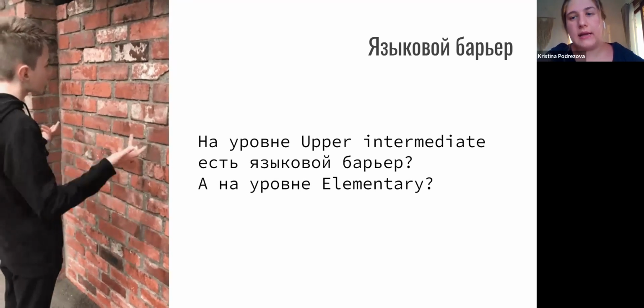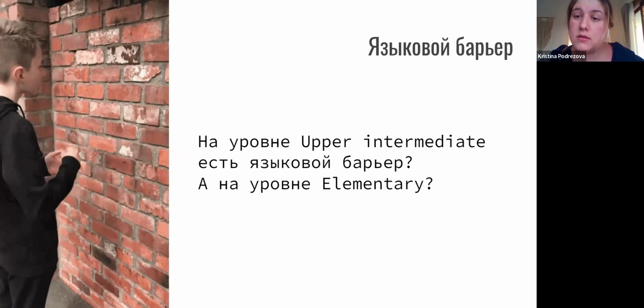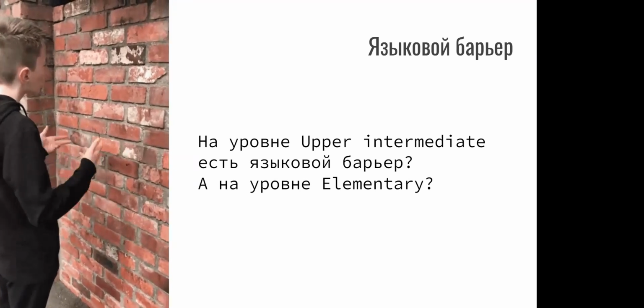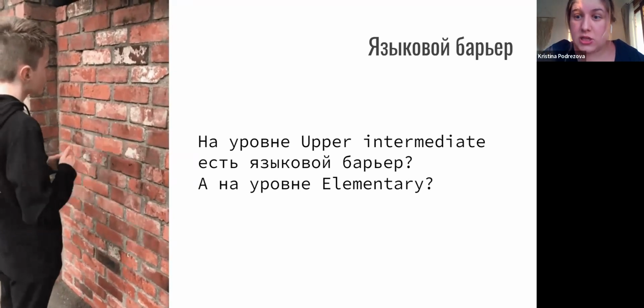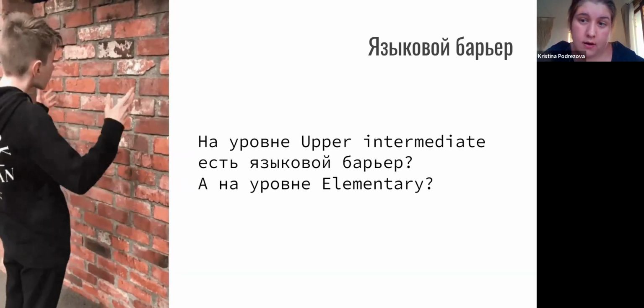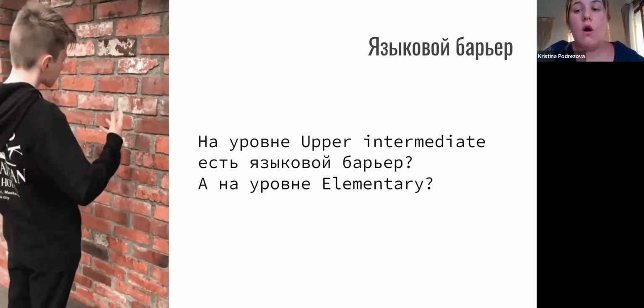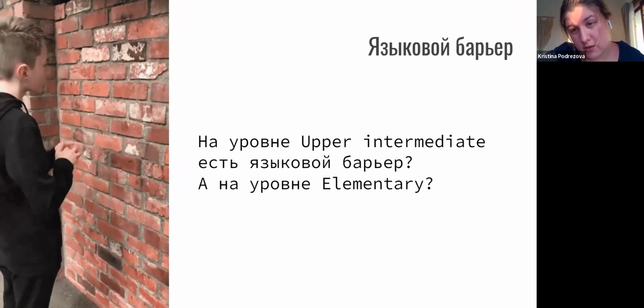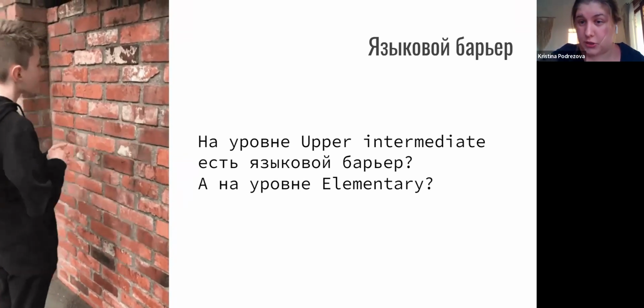If you want, I can show you the levels that are accepted in the English language. So we have either A1, A2, B1, B2, C1, C2, or we have beginner, elementary, pre-intermediate, intermediate, upper intermediate, advanced, and proficiency.